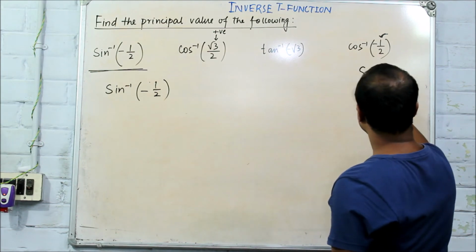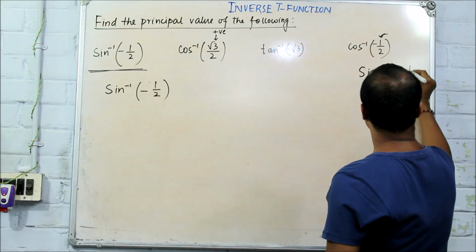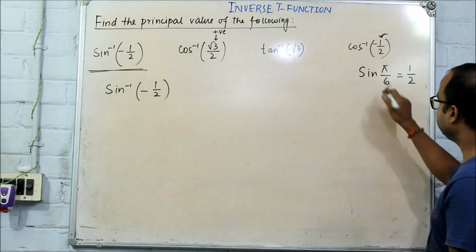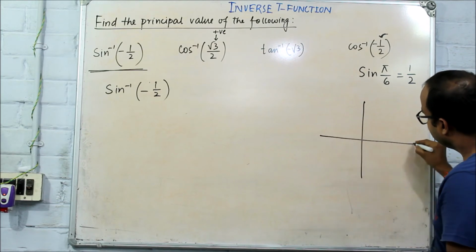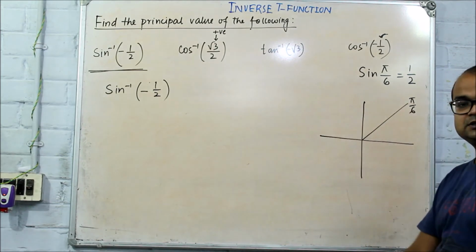So sine pi by 6 is equal to 1 by 2. This is the angle in the first quadrant, pi by 6.